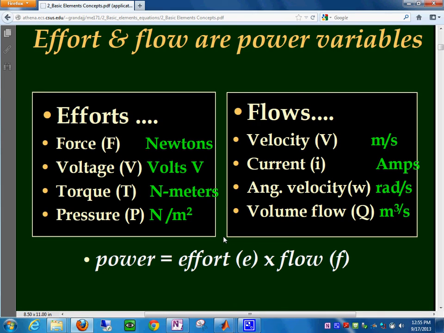Okay, so what Painter is saying is that because they all interact with power, we should be able to create a common notation for getting these things done.